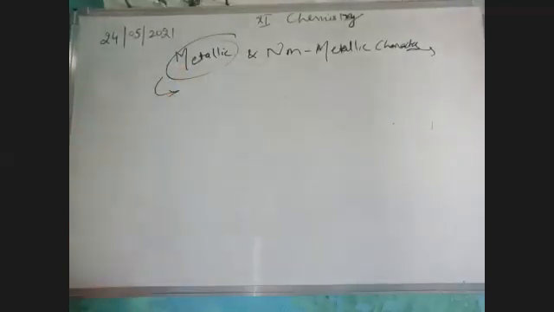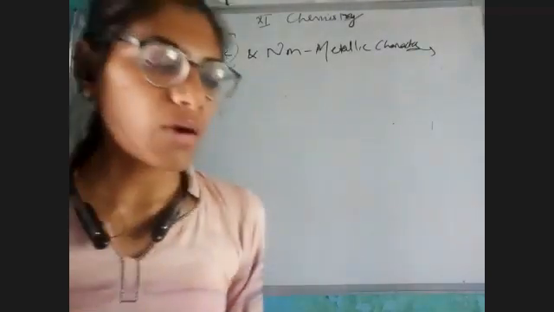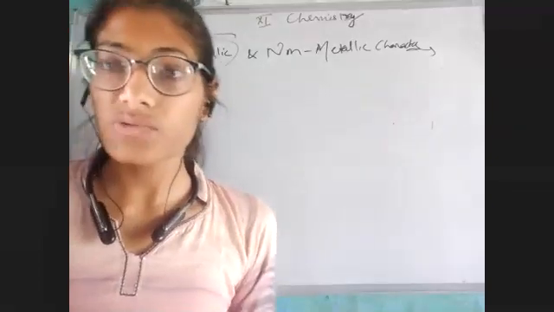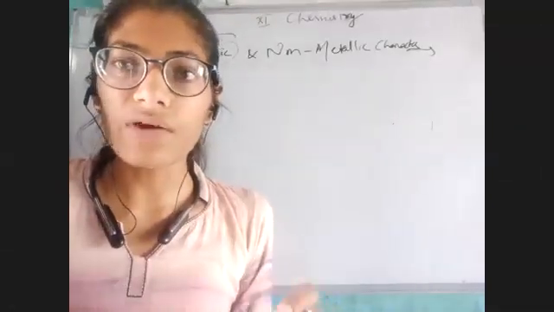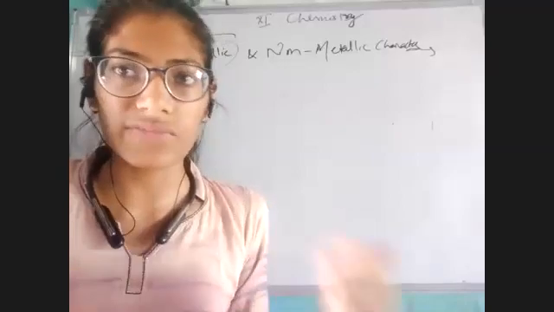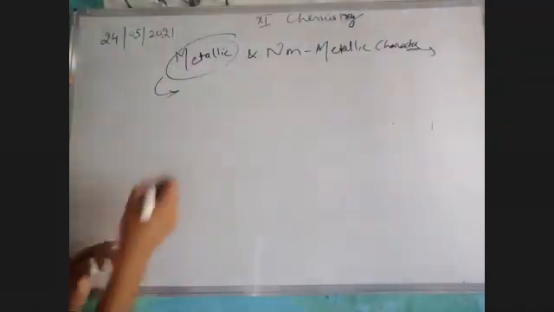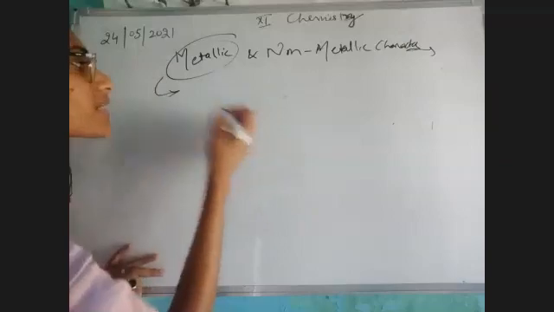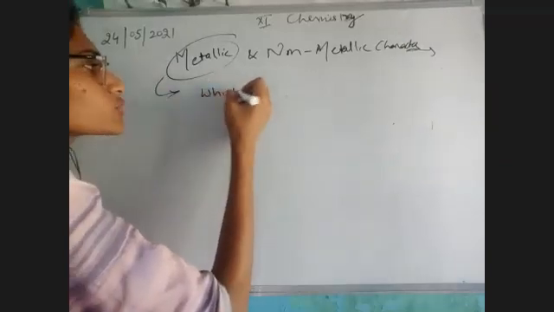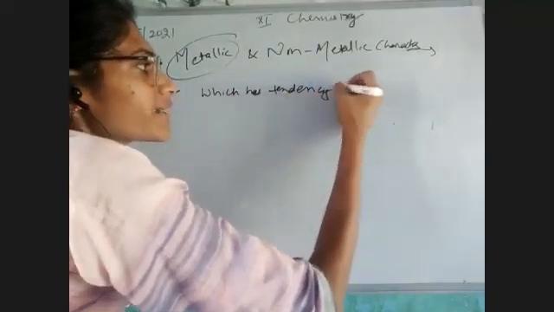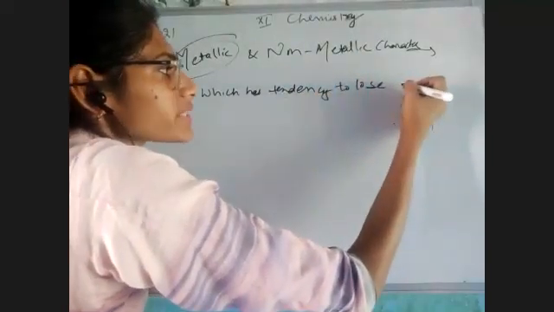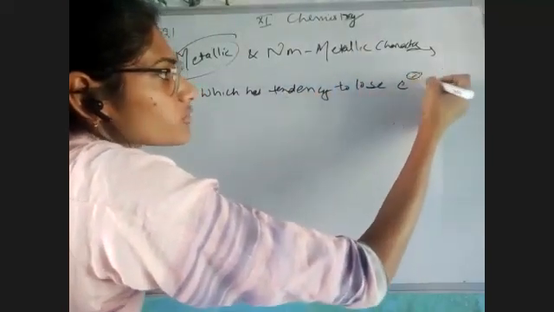In 10th class, you have studied what are the metals, what are the non-metals, what are their physical properties, and you have also observed the chemical properties of these two types. If I'm talking about metallic nature, metals are those which have the tendency to lose electrons. I hope you remember that metals have the tendency to lose electrons.